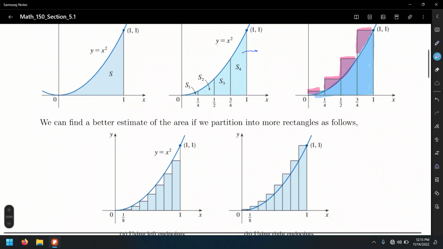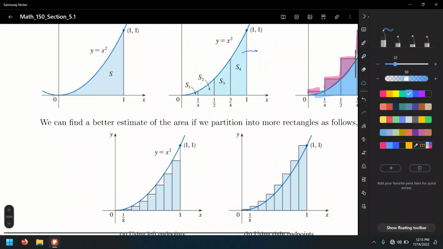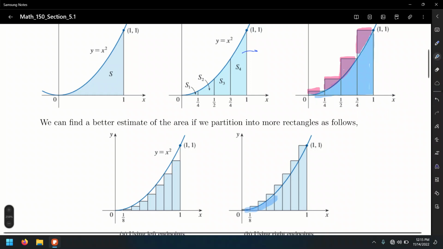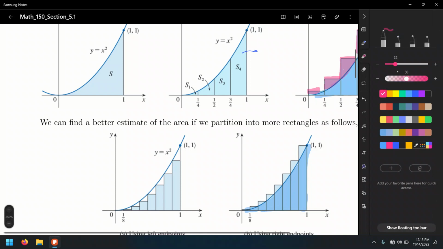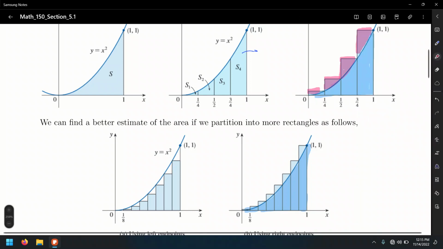Again, let me highlight the area that we want. That's the area that we want to find, the area under the curve. And well, let me highlight again with pink that area that goes outside, that is actually overestimating the calculation that we want.